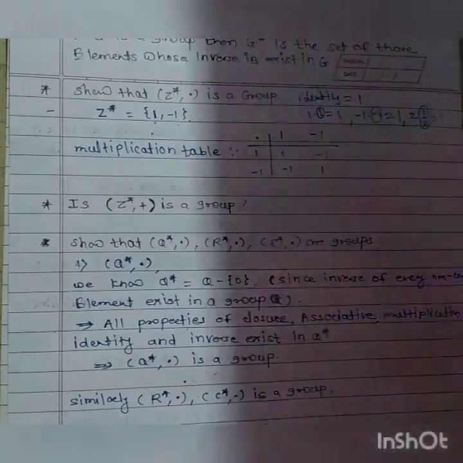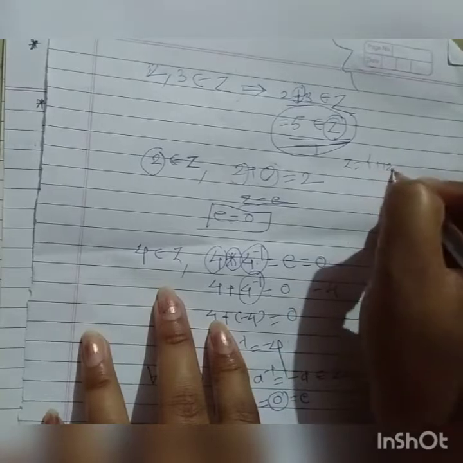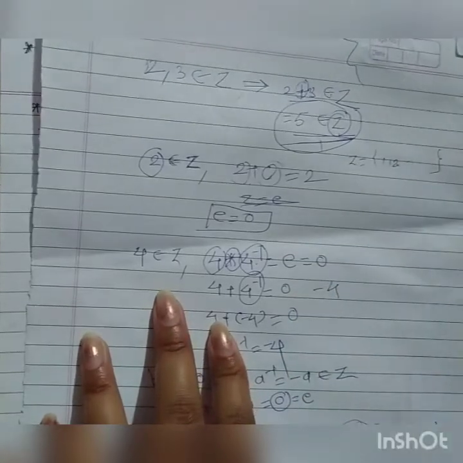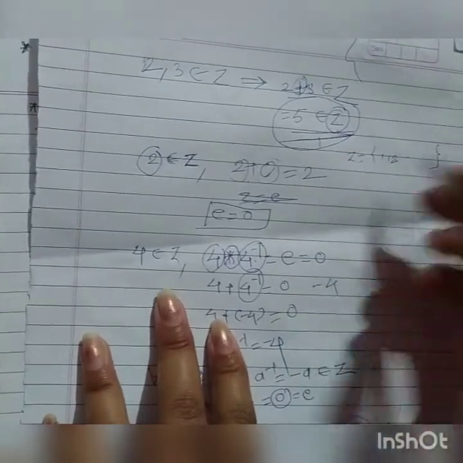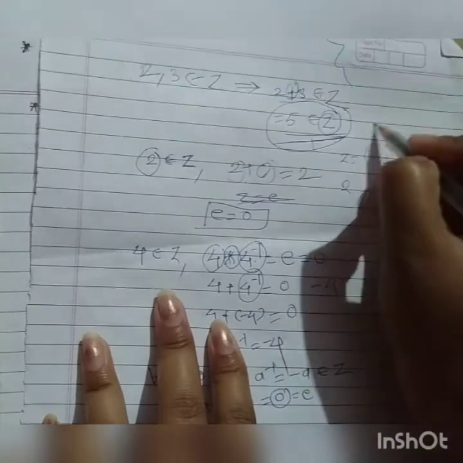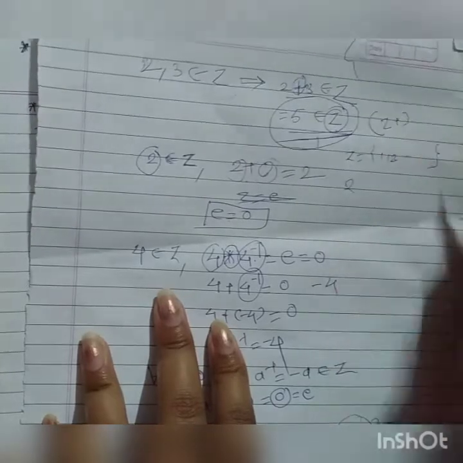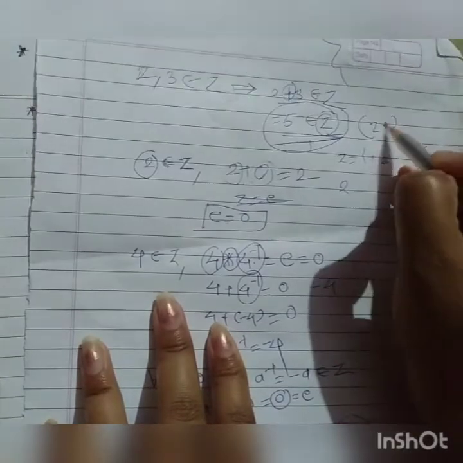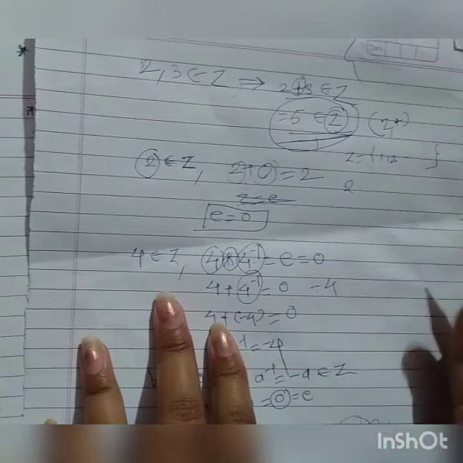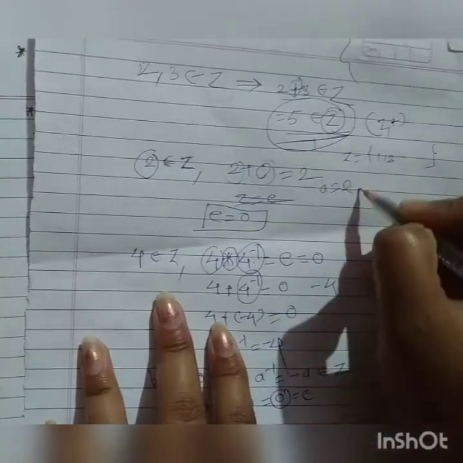Now in Z, whose inverses exist, we know that Z is the set of integers 1, 2 and so on. Now consider the inverse of 2. We know that Z under the binary operation plus is a group. Under dot, this is not a group. Therefore we consider the binary operation as plus. Now if we consider A equal to 2, what is the inverse of A?